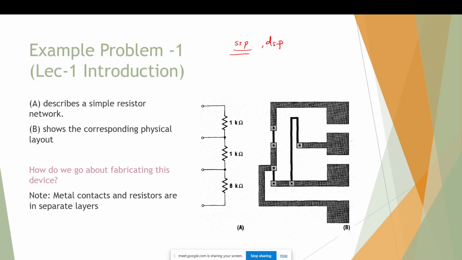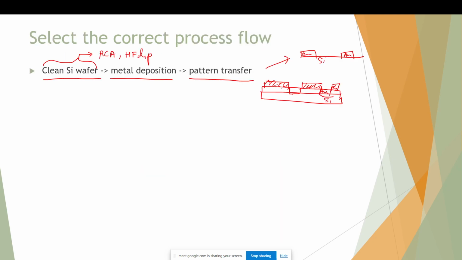Then n doped, p doped: these are metal layers, so here we don't care about the doping of the silicon as much. The current should not be passing through the silicon, so if the silicon is more resistive, it is better. We don't care if it is n doped or p doped, because we are depositing metal on top of it.